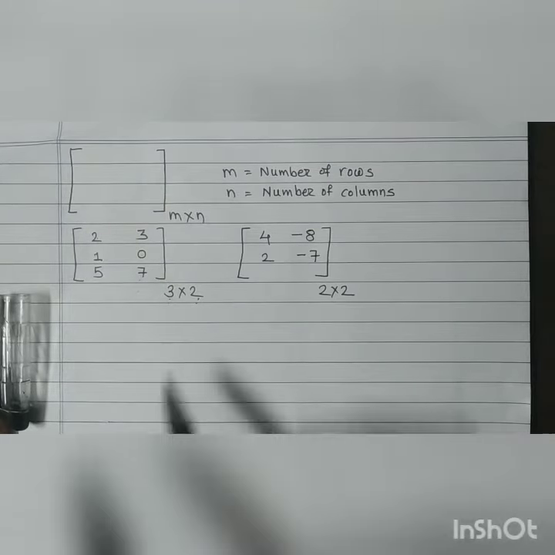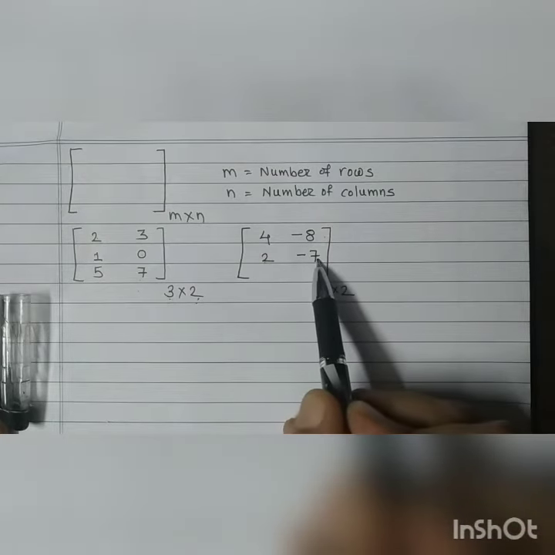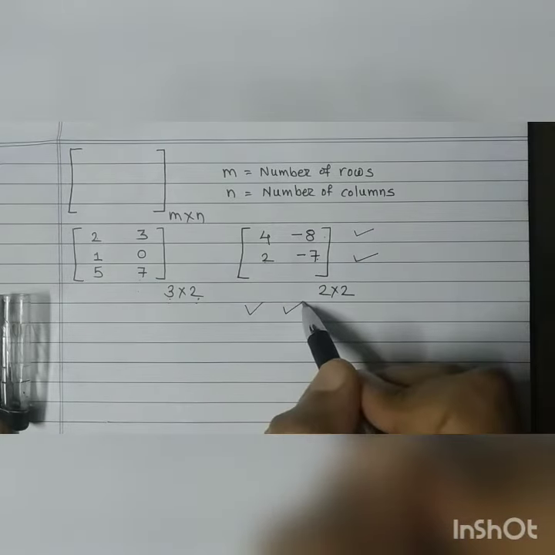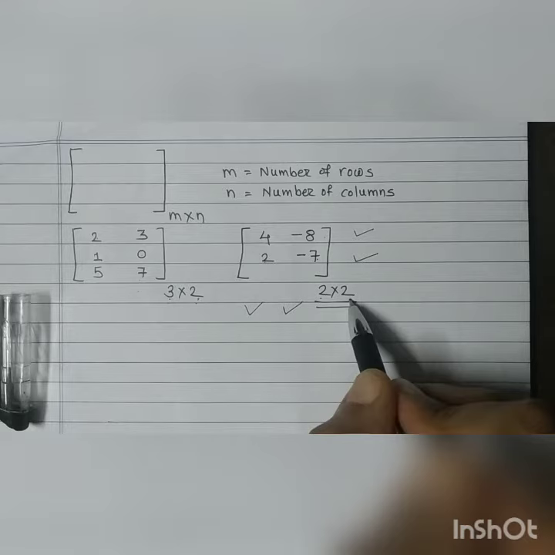Consider another example. Here the elements are 4, minus 8, 2, minus 7. There are 2 rows and 2 columns, so this is a 2 by 2 matrix. We can easily say that matrices can be divided into 2 categories.